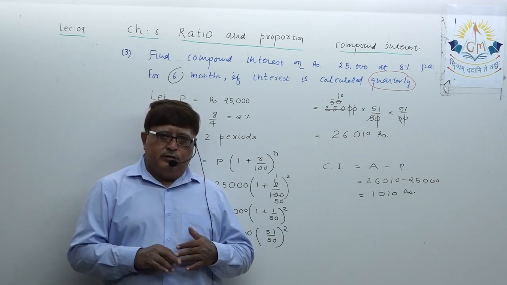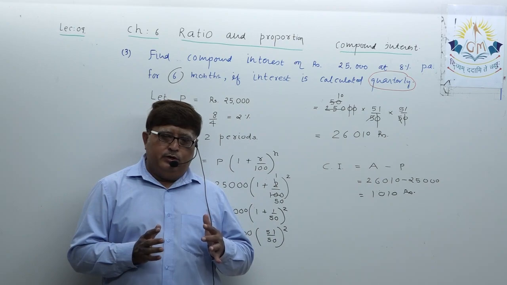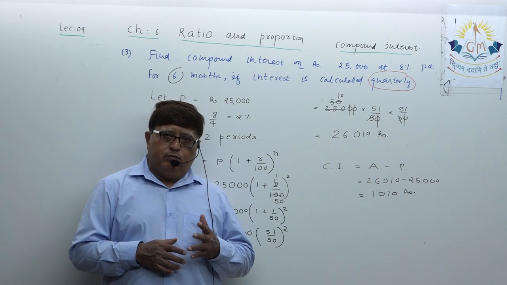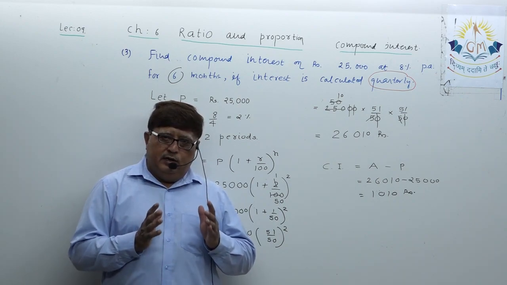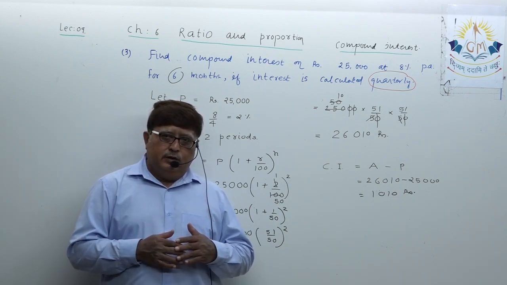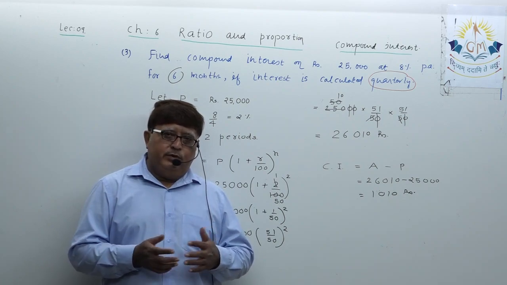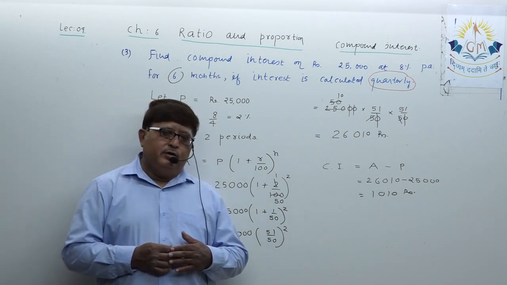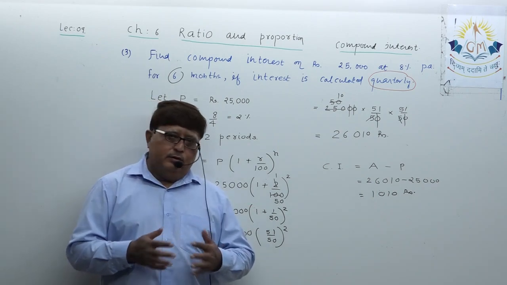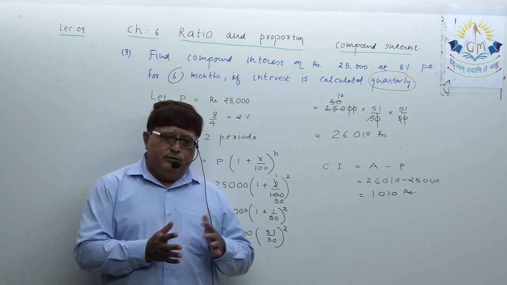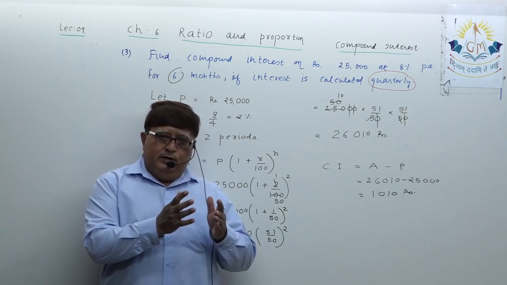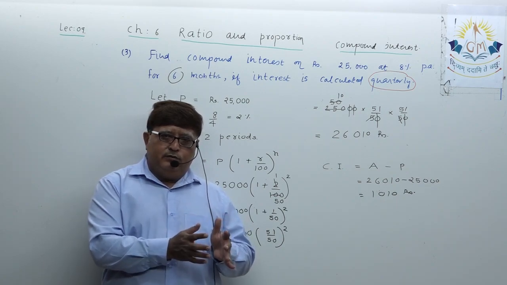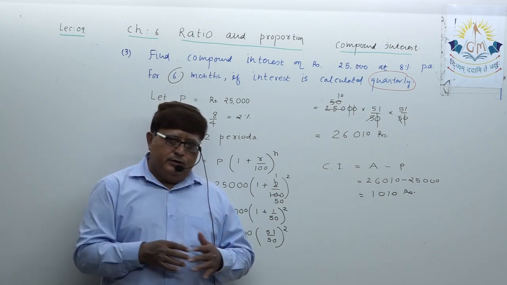Either the interest is to be compounded annually, semi-annually or quarterly, because that last word is going to decide the method you will follow in solving any particular example. In lecture number 7 we took only examples based on counting interest annually.